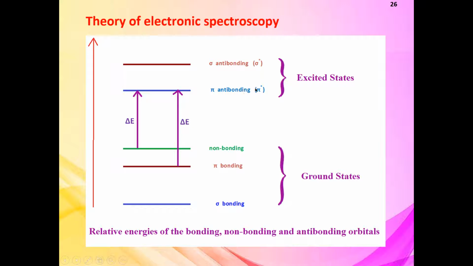Among these two, the pi star antibonding molecular orbital will be of lower energy than the sigma star antibonding molecular orbital. Hence, the two transitions, namely pi to pi star and n to pi star transitions, are the two types of transitions that we study in electronic spectroscopy.